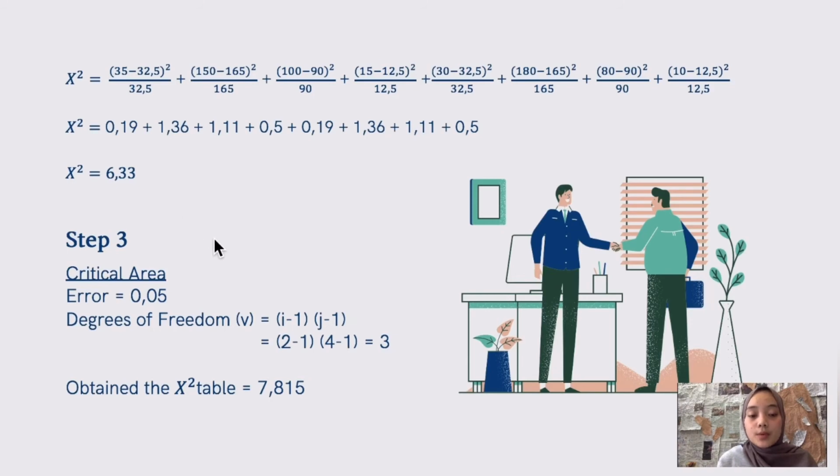Step 3, we determine the critical region and the test criteria. For the critical region, we have the level of significance, which is the error of 0.05.